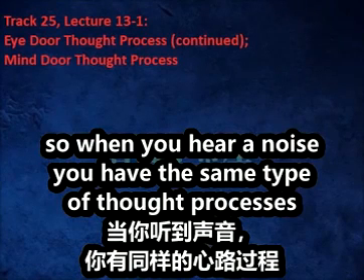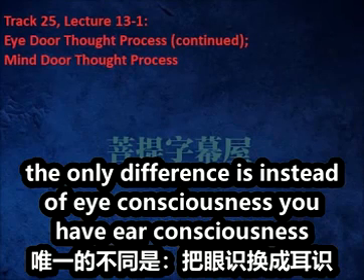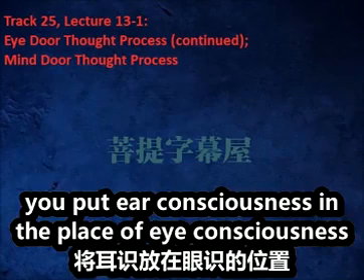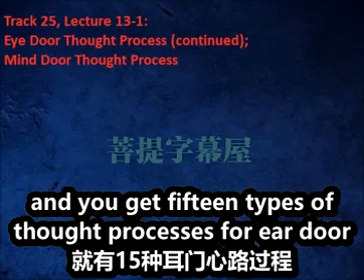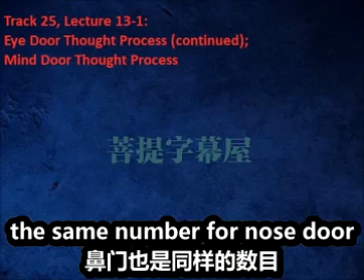So when you hear a noise, you have the same type of thought processes. The only difference is that instead of eye consciousness, you have ear consciousness. So you put ear consciousness in the place of eye consciousness, and you get 15 types of thought processes for ear door. The same number for nose door.